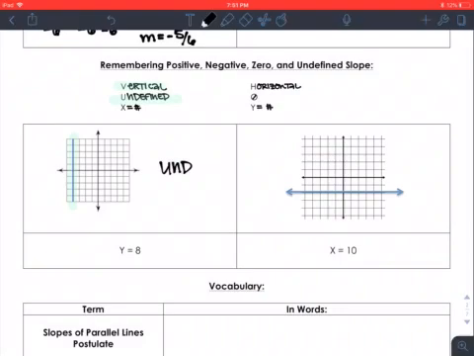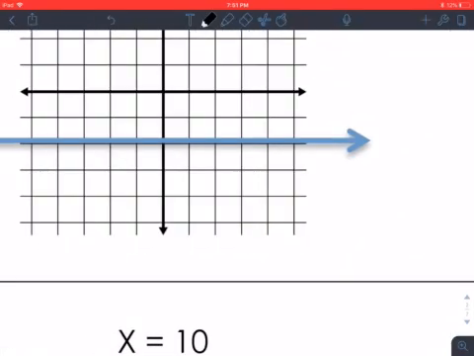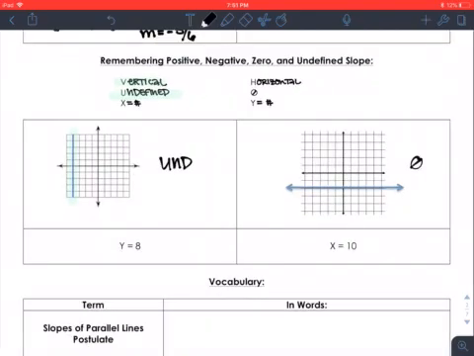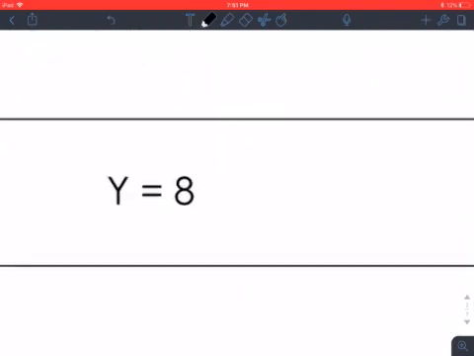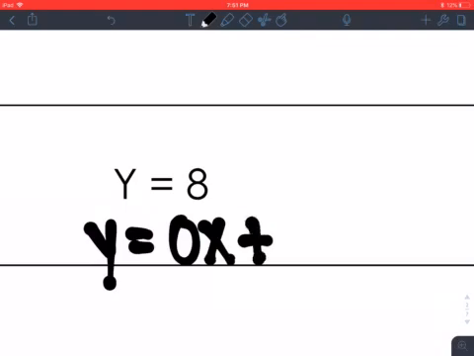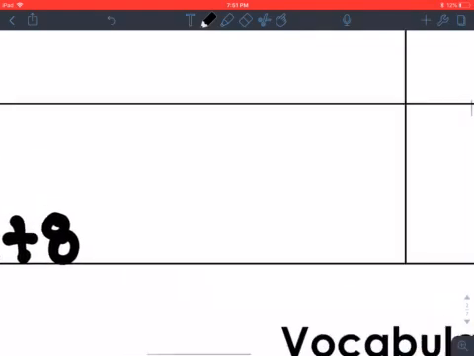Now, if you go to the one right beside it, this is a horizontal line, all right? Now, if you compare this one right here, it's y equals 8, all right? And so this technically could be written as y is equal to 0x plus 8, right? Because 0 times x would cancel out the x, all right? So my slope here is 0.